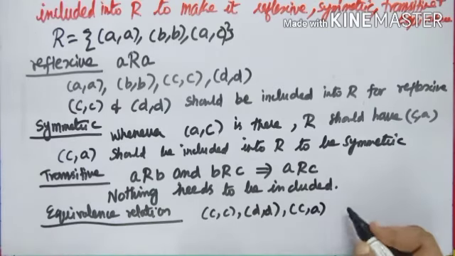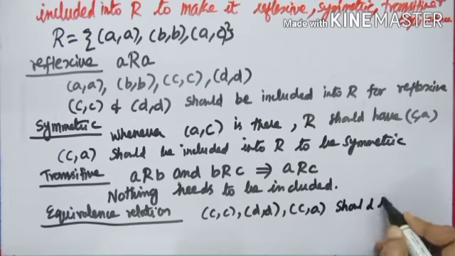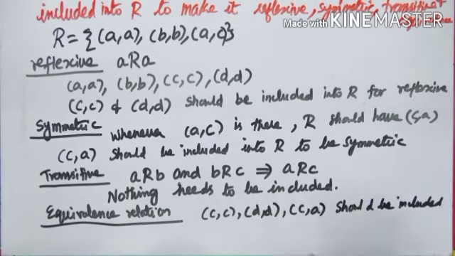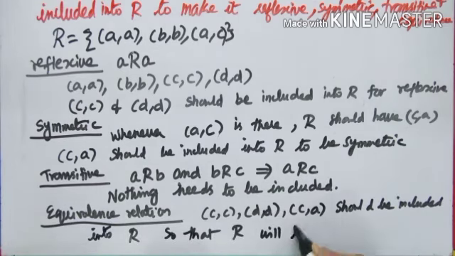So these pairs should be included if I want the relation to be equivalence relation. So CC, DD, CA should be included into R so that R will become an equivalence relation.